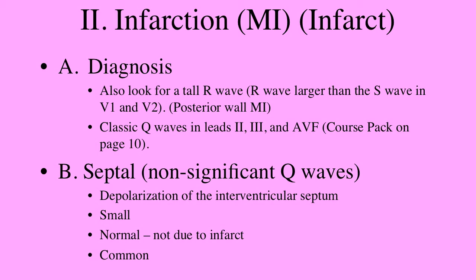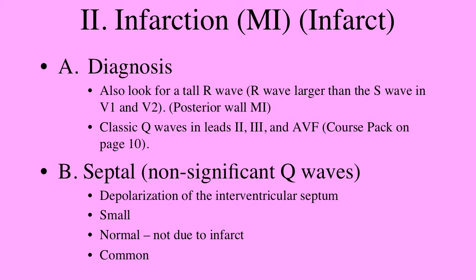But the main thing, again, is to look for Q waves. And when we look for Q waves, we want to think in terms of not only is there an infarct, but when did it happen? The age of it is important in how you are treating the patient, what you want to do as far as any kind of additional therapy at the time.